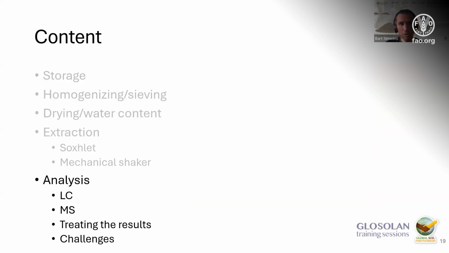And then now a few words about the analysis. LC is liquid chromatography. That's the first part of the tool that we use. Mass spectrometry is the second part of the tool.